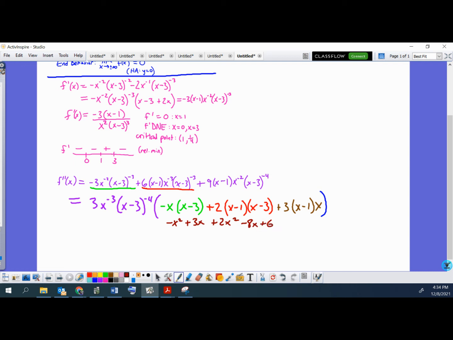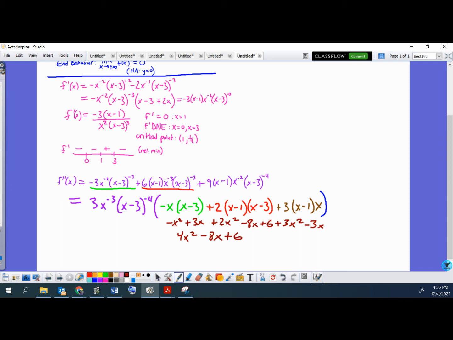And then we have a plus 3x squared, and we have a minus 3x, right? So now we can put all of that together. 3x squared plus 2x squared minus x squared, that's 4x squared. 3x minus 8x, that's negative 5x, minus 3x is negative 8x. And finally, plus 6 is what's left there.